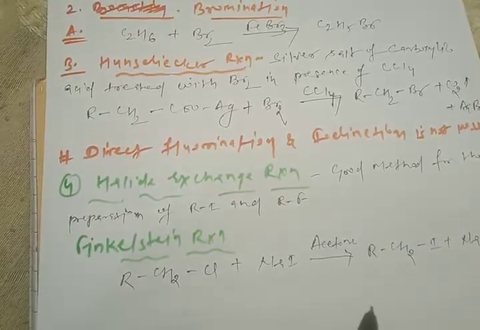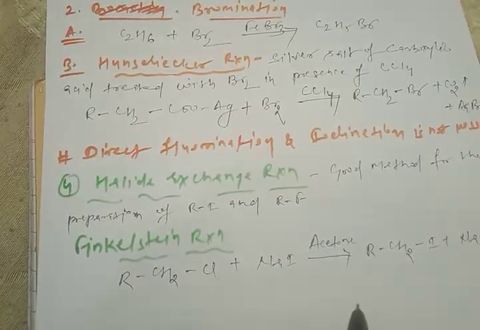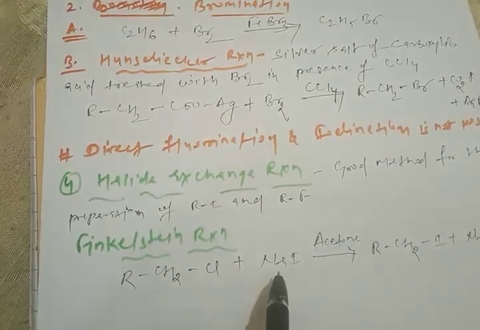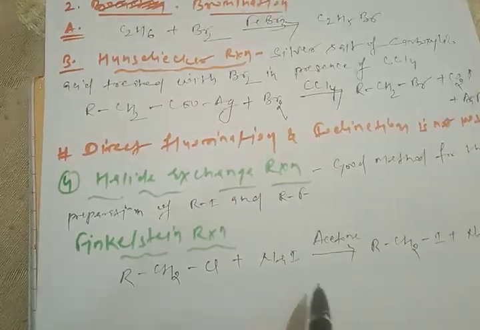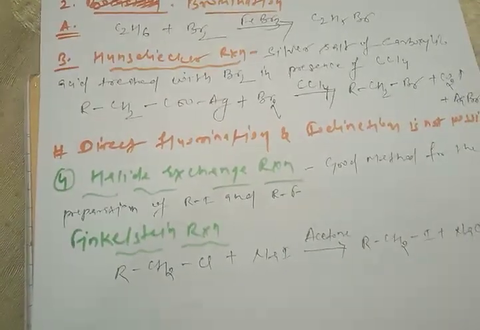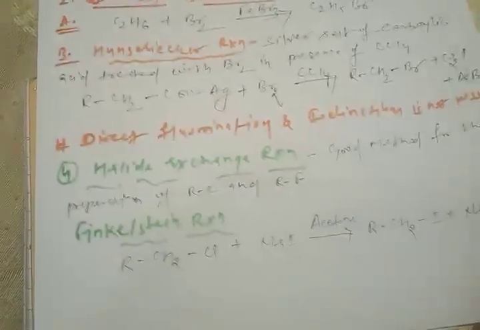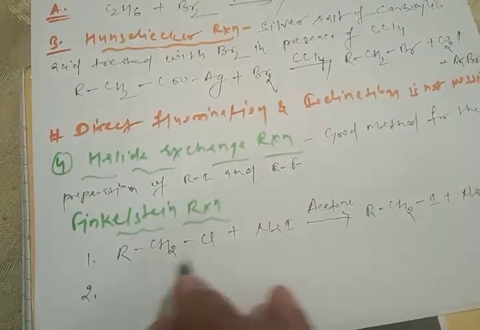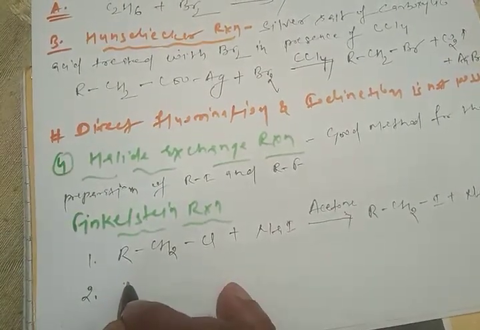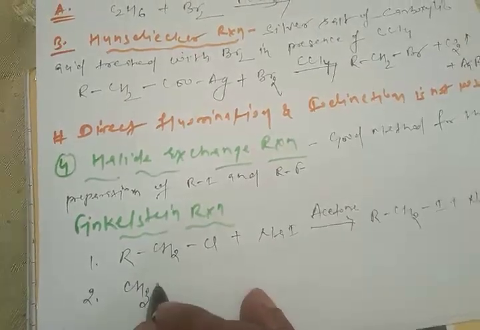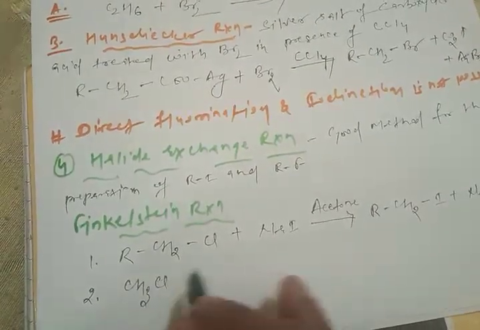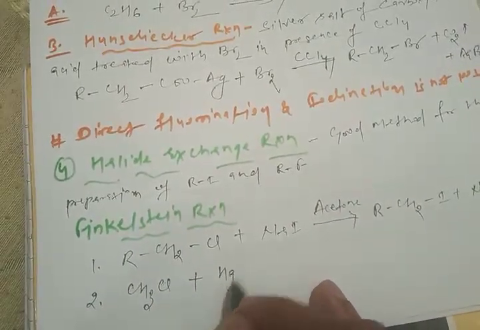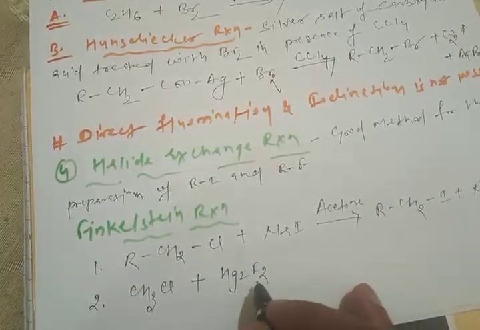Similarly, you can obtain alkyl fluoride also. Like here we took sodium iodide, in that case you can take another salt or inorganic compound. Let's take another example: CH3Cl with the inorganic compound Hg2F2, mercurous fluoride.